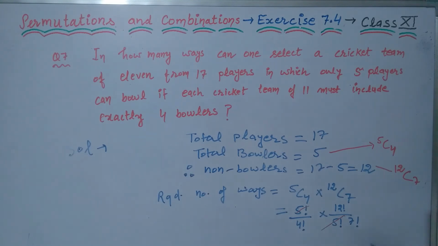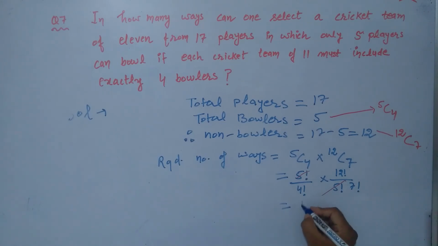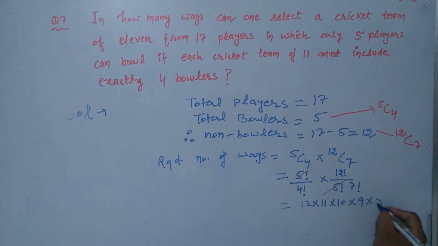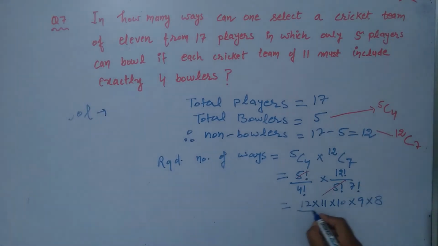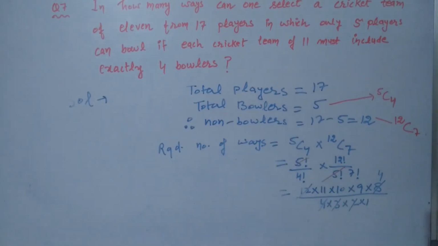So what we have, this is equal to 12 factorial, meaning 12, 11, 10, 9, 8. 7 factorial will get cancelled. In the denominator 4 factorial, 4, 3, 2, 1. So 4 threes are 12, also cancelled. 2 fours are 8. So now multiplying this is equal to 3960 ways, right?